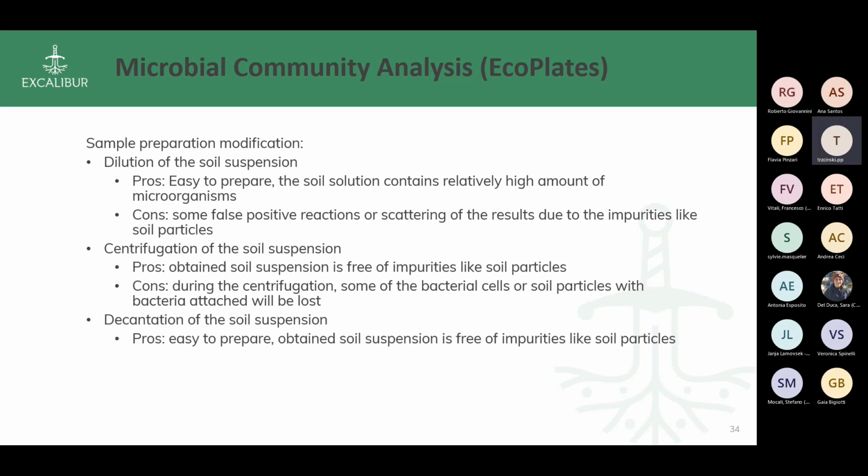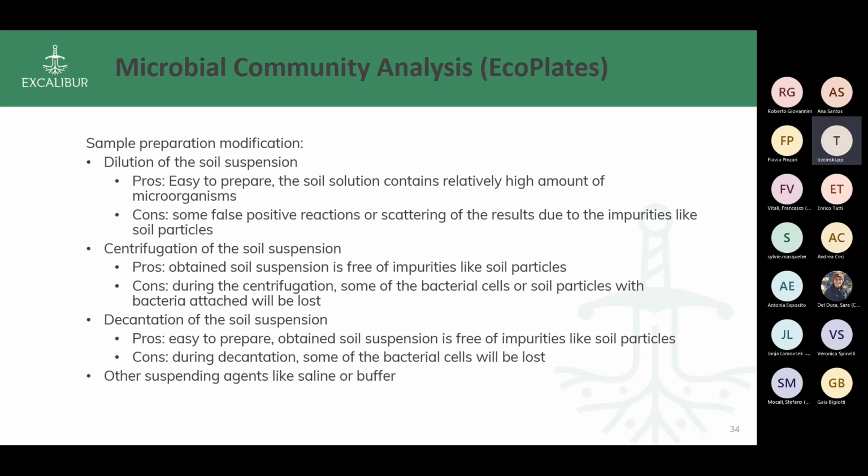This is also easy to prepare, and the obtained soil solution will also be free of impurities, but the decantation will take some time. In this time, the microbial population could change a little bit. And during the decantation, bacterial cells or particles with bacteria attached will also be lost because they will fall down to the rest of the soil.